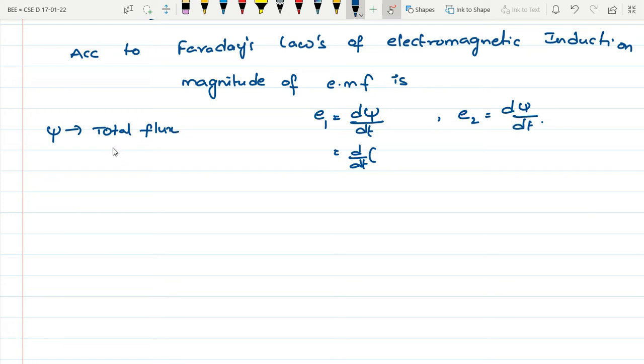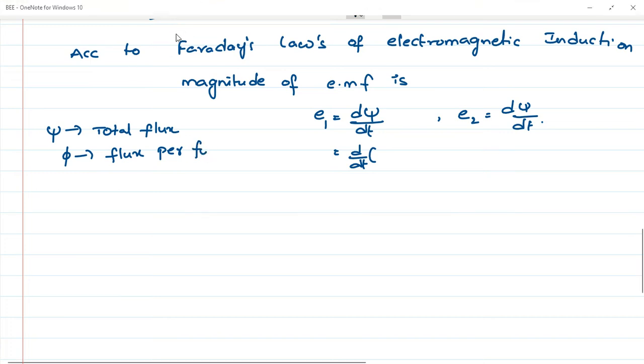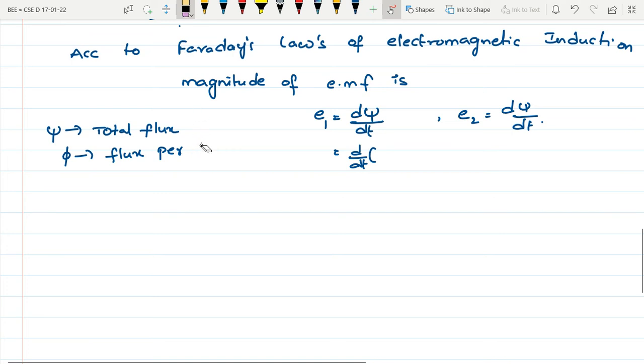And in the case of e2, psi means total flux in the secondary winding. So I am saying phi is flux per turn. Then what is the total flux in the primary winding? Anybody?